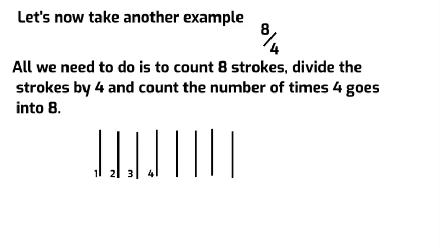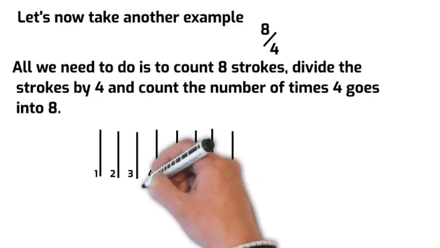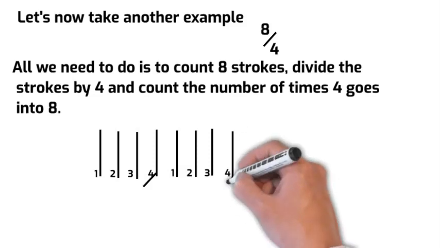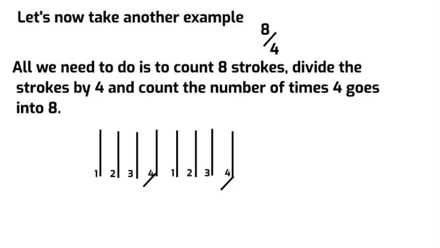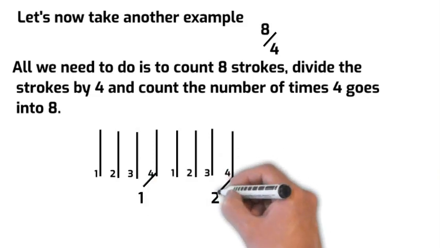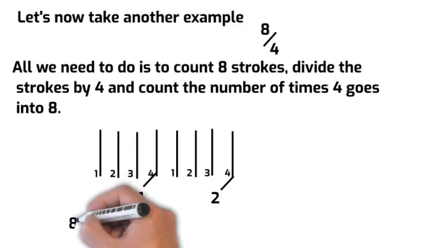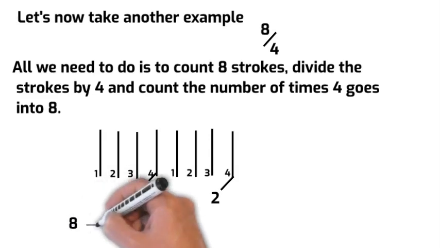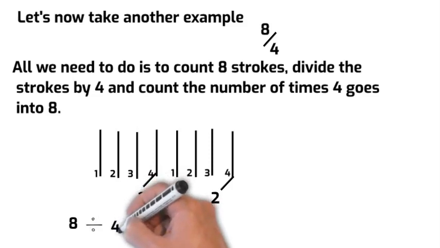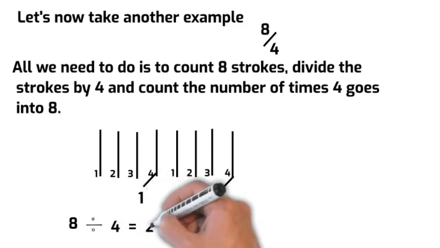Now, let us divide it using 4. Count with me. 1, 2, 3, 4. 1, 2, 3, 4. How many times did 4 go into 8? 1, 2. 2 times. 8 divided by 4 is equal to 2.